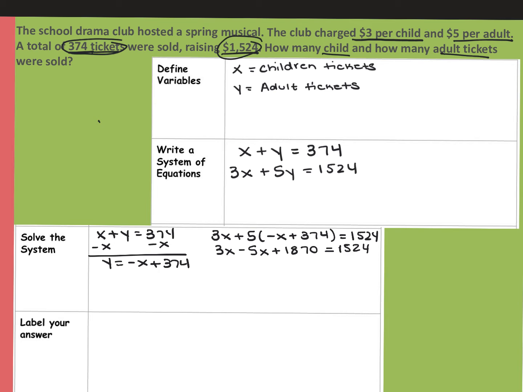Now we're simply going to combine like terms. We have a positive 3x and a negative 5x, which when I combine them gives me negative 2x, plus 1870 is equal to 1524. I'm going to subtract 1870 from both sides.